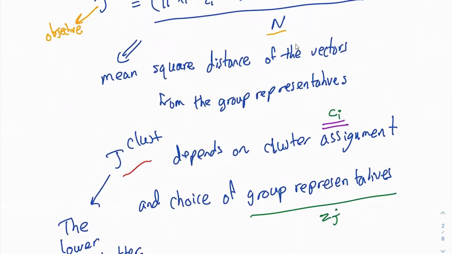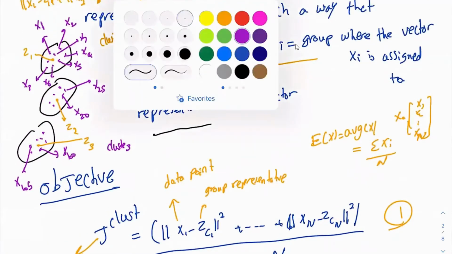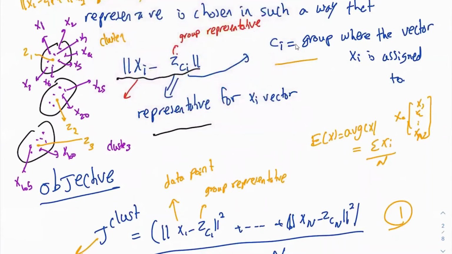And also the choice of group representative, which means the zj, right? Remember I talked about the group representative. So for example, the group representative for cluster 1 is this Z1, right? We need to have a good group representative. For now, we can think of this Z1 as one of the data points or the average of data points.